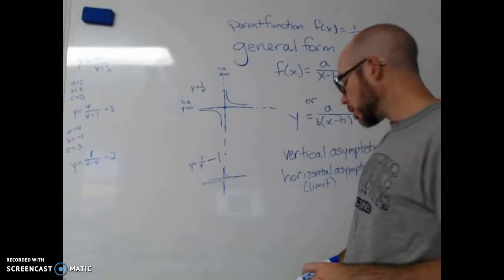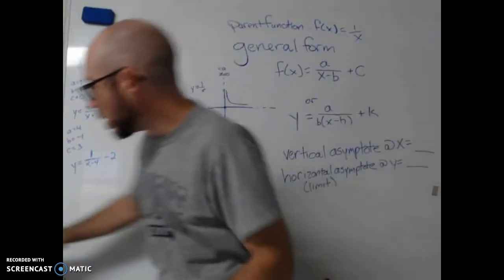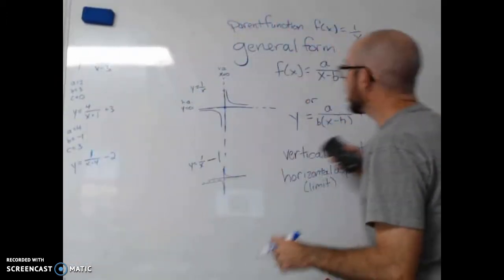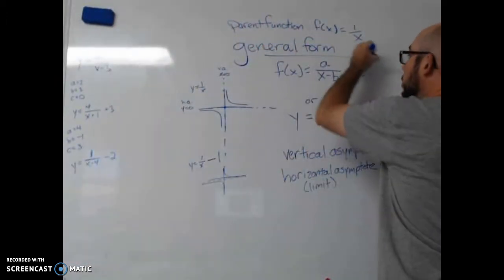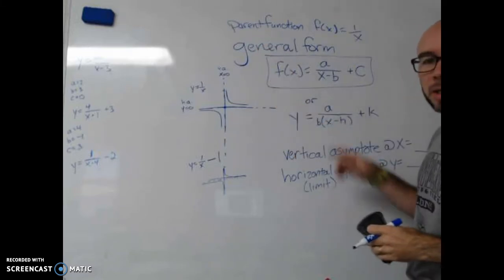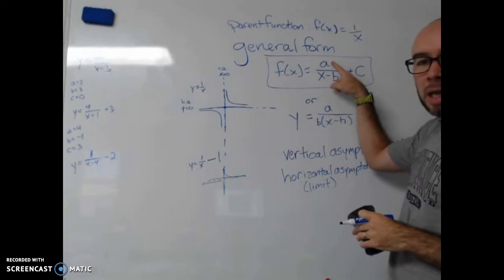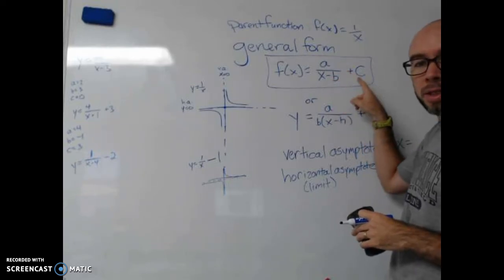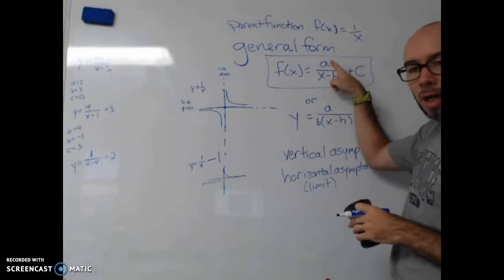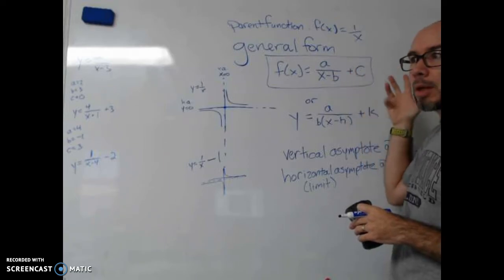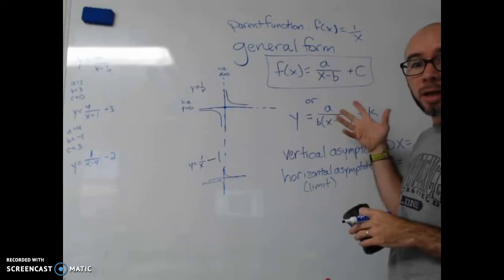So I'm going to introduce a thing, if you need to write this down in your notes, the general form, and we're going to put in some letters just as placeholders. We're going to have the letter A, letter B, and the letter C, and you need to make sure that the A is on top. That's going to be our multiplier, our scale factor.